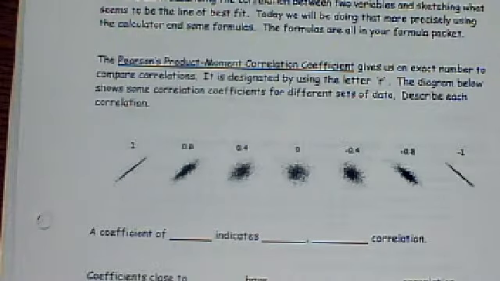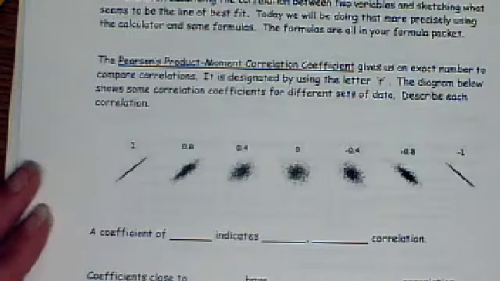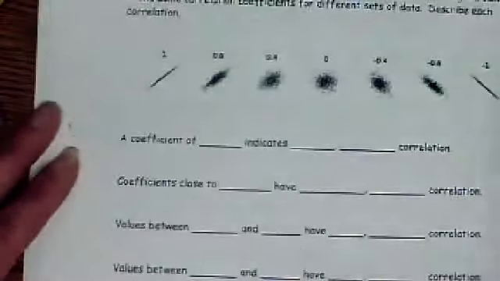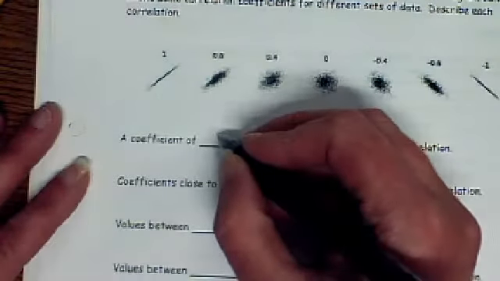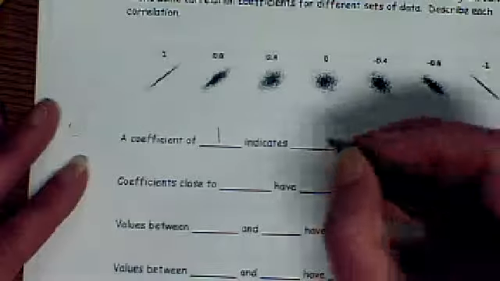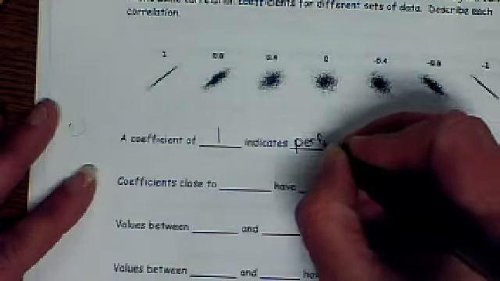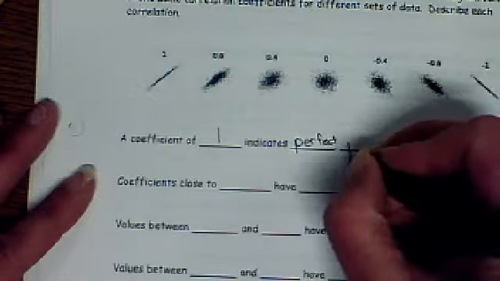If it was exactly 1, that indicates a perfect positive.